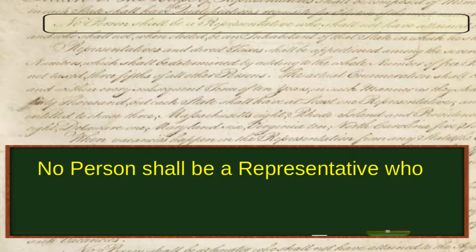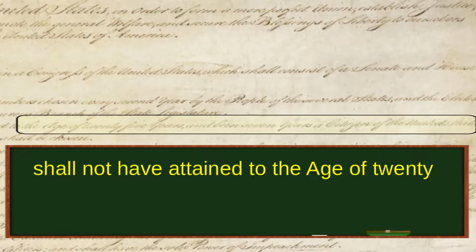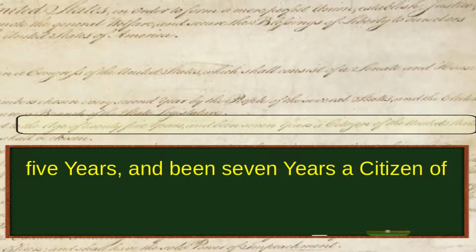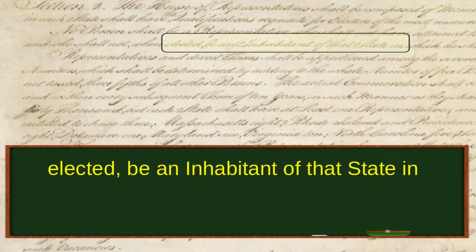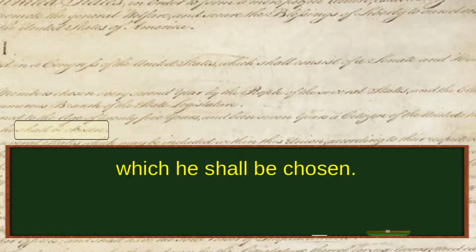No person shall be a representative who shall not have attained to the age of 25 years and been 7 years a citizen of the United States, and who shall not, when elected, be an inhabitant of that state in which he shall be chosen.